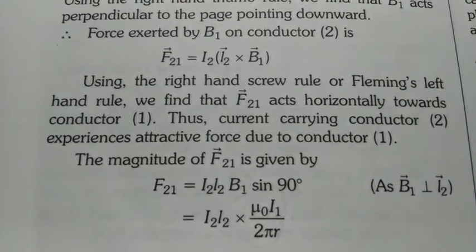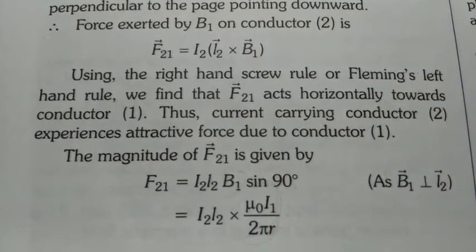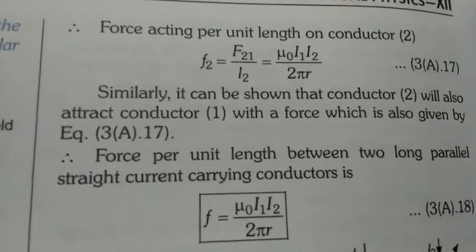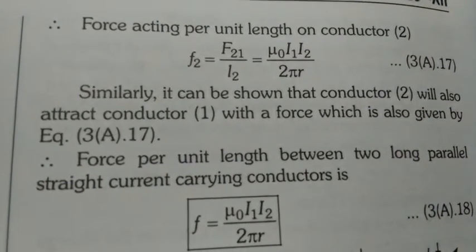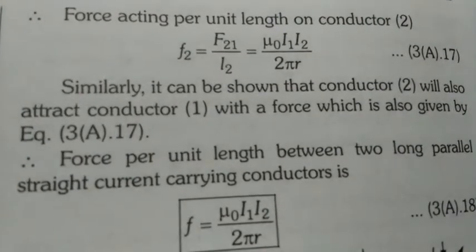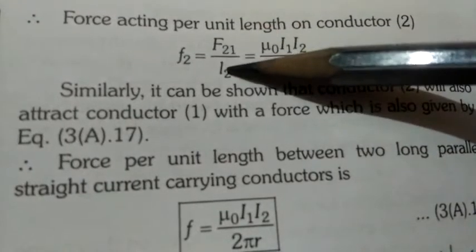This is the force applied on the whole second conductor by field B1. If we want to find the force acting per unit length, we can divide it by length.